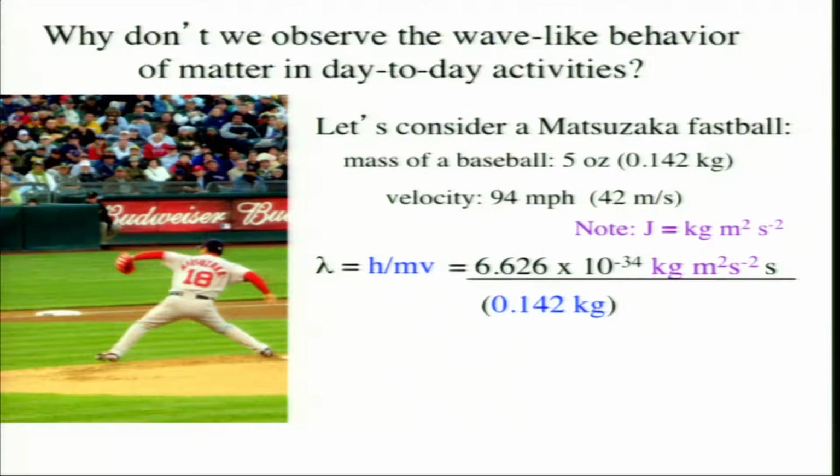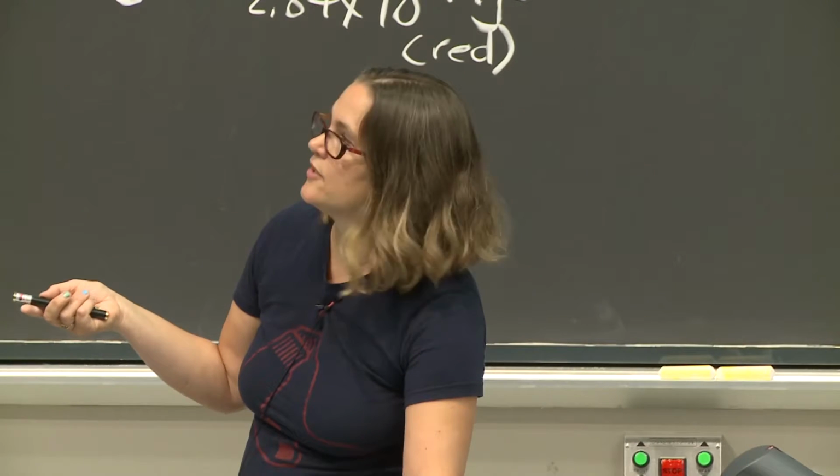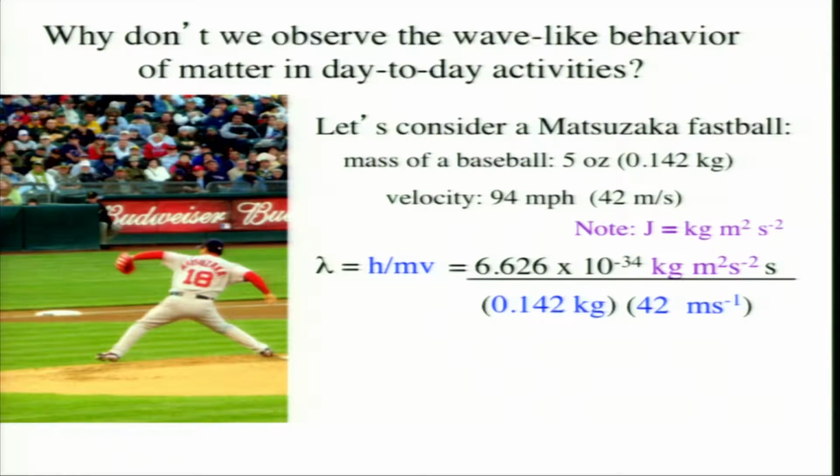And so over the mass of the baseball and the velocity of the baseball, and we're going to put the velocity in meters per second so our units can cancel out. So we're canceling our kilograms, we're canceling one of the meters, and canceling all of the seconds.